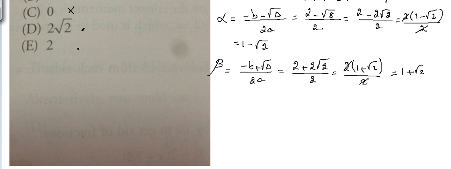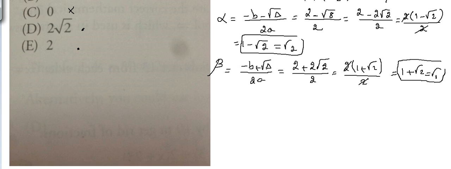Now, which one is more? Is 1 plus radical 2 more than 1 minus radical 2? For sure. This is 1 with radical 2 added to it, and alpha is 1 with radical 2 subtracted from it. So 1 plus radical 2 is considered R1 because it's more than 1 minus radical 2, which we consider R2. We find the roots R1 is 1 plus radical 2, and R2 is 1 minus radical 2.